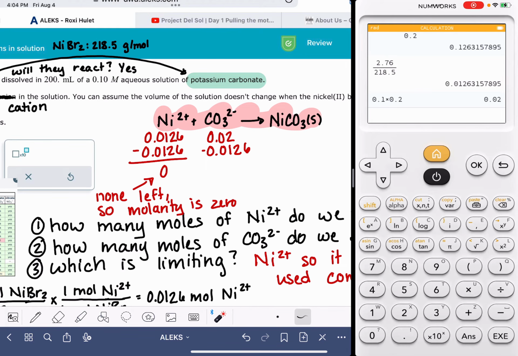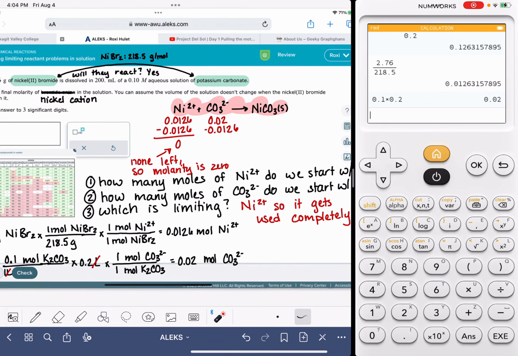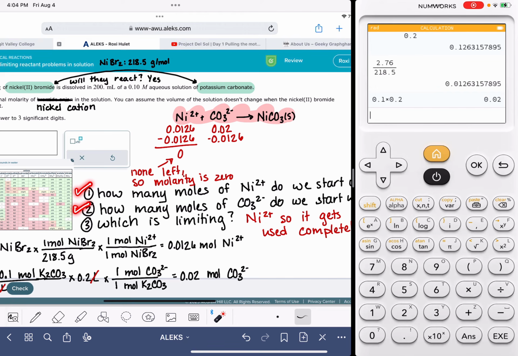Now, what if this problem was asking us to calculate the molarity of the carbonate ion? If that was what we were being asked, we would be answering this problem a little bit differently because we would still go through this same process. How many moles of nickel do we have? How many moles of carbonate do we have? Which one is the limiting?